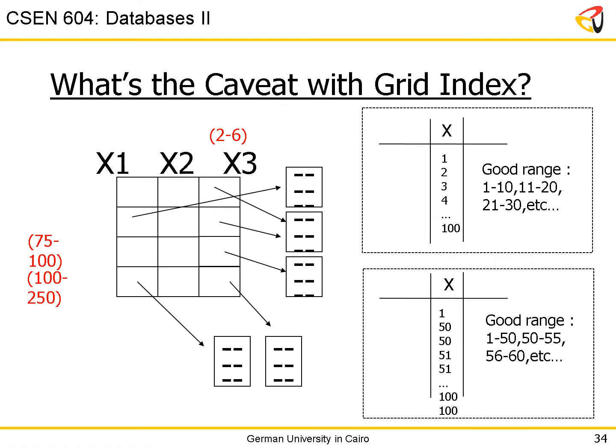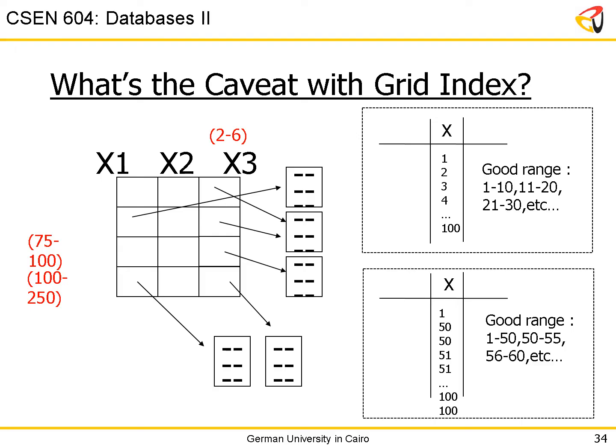Now what's the issue with the grid index? If this is such a great data structure, why do we have anything else? This is working in 2 log n plus some k processing.